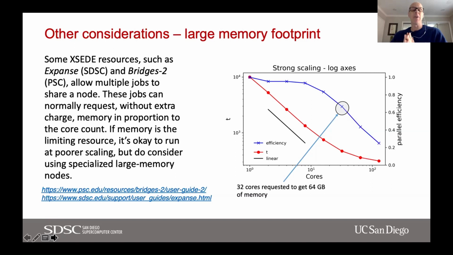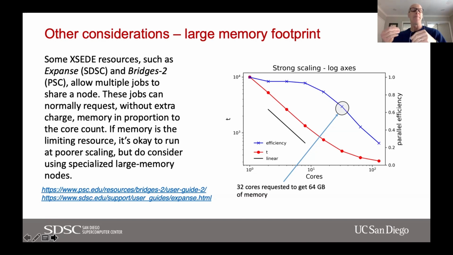Okay, one other consideration is some applications have a very large memory footprint. So on resources like Expanse at SDSC or Bridges 2 at Pittsburgh Supercomputing Center, they allow multiple jobs to share a node. And these jobs can normally request, without extra charge, memory in proportion to the core count. So for example, Expanse has 128 cores and 256 gigabytes of memory per node.